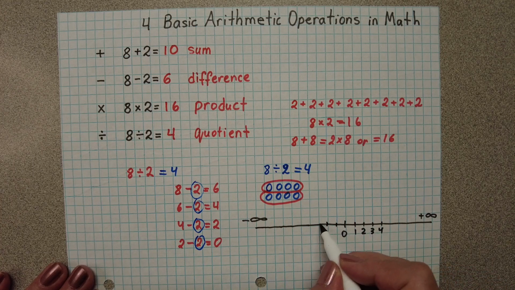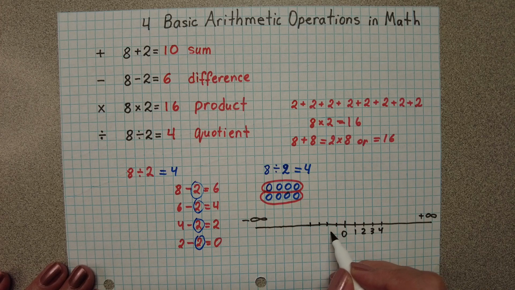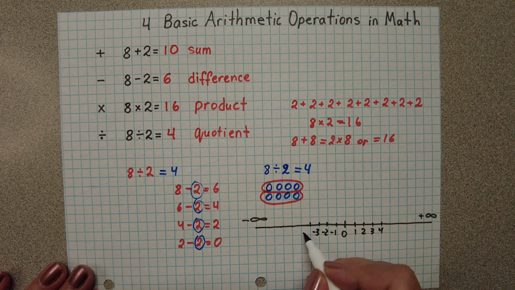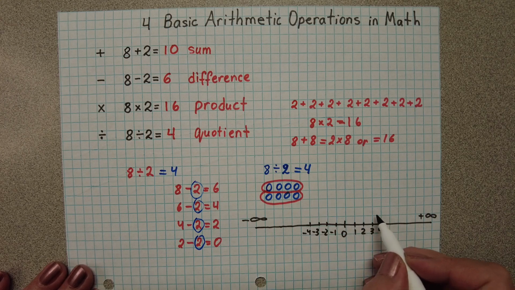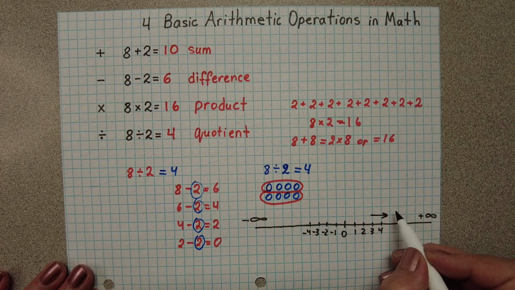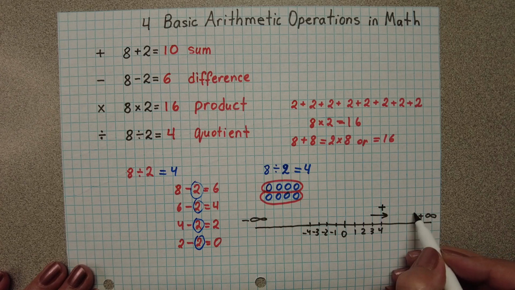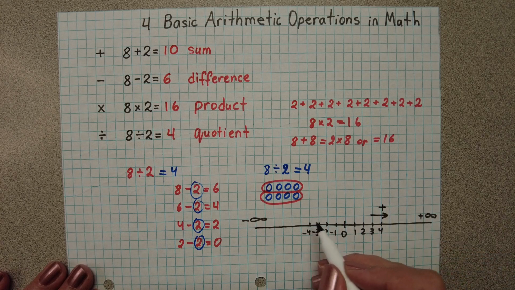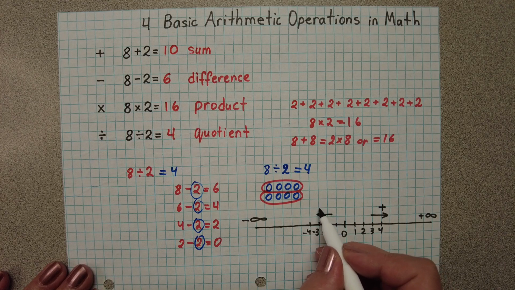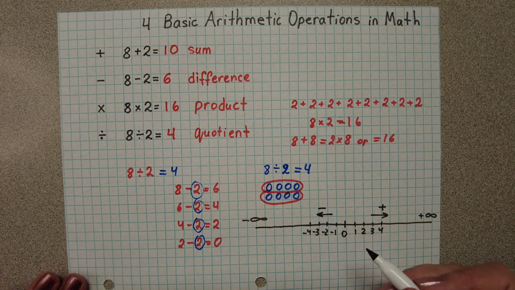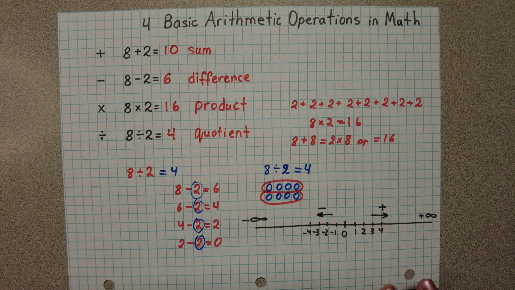Left side of the 0 are negative numbers. If we add the numbers, they going to the right and getting bigger. If we subtract the numbers, they going to the left and they will become smaller. So this is very, very basic of the math.